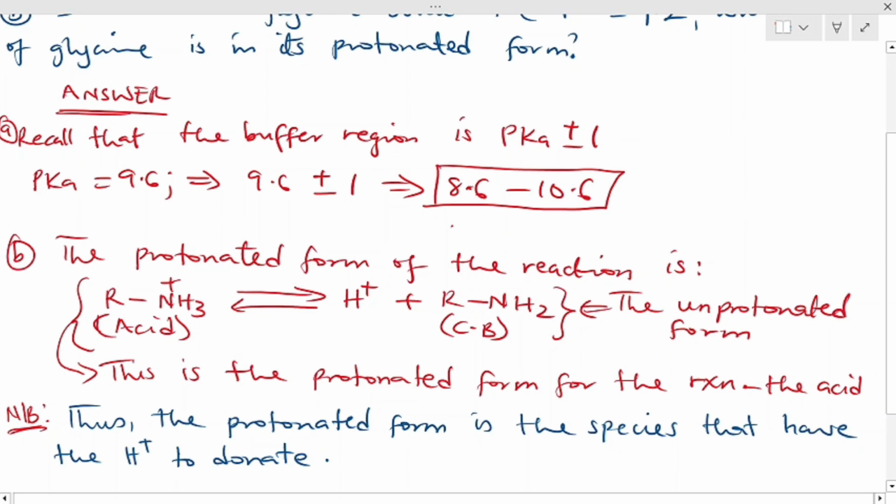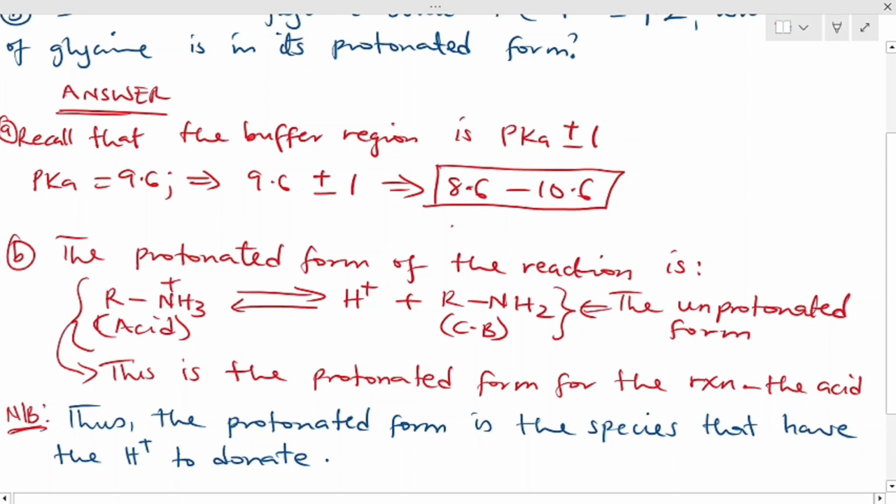That's very key. It's very important you know what is donating the proton to be able to clearly identify the protonated form, which of course the question directed: what percentage of glycine is in its protonated form.